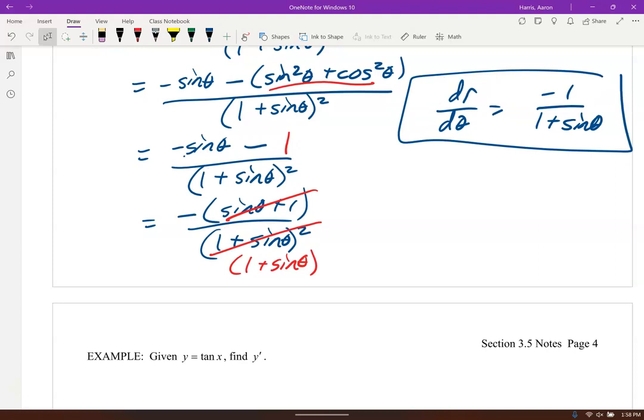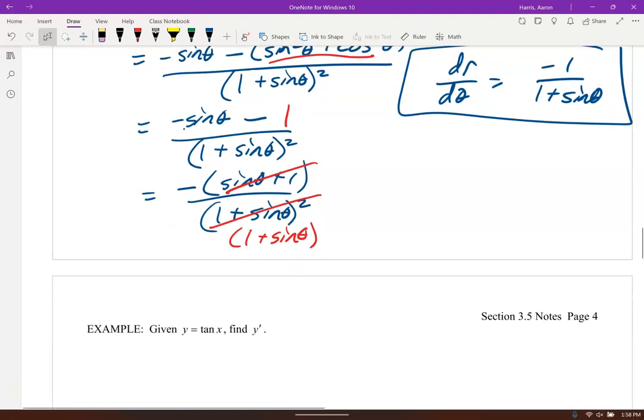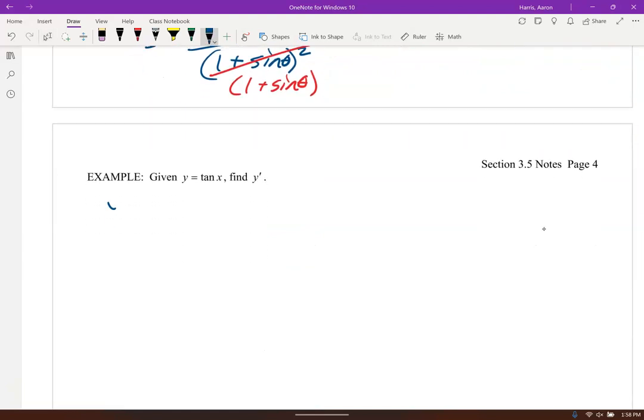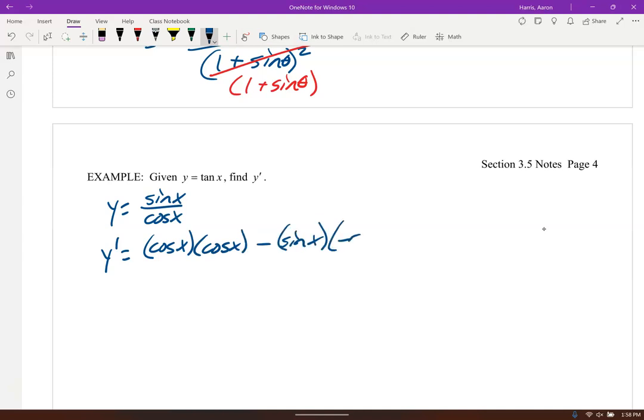Well, there is a rule for the tangent, but let's imagine you didn't know the rule for what the derivative of the tangent is. Then you say, well, I know tangent is sine over cosine. So if I was finding dy dx or y prime, I could just run the quotient rule. The derivative of the top times the bottom minus the top times the derivative of the bottom, which is negative sine, derivative of cosine is negative sine, over bottom squared.